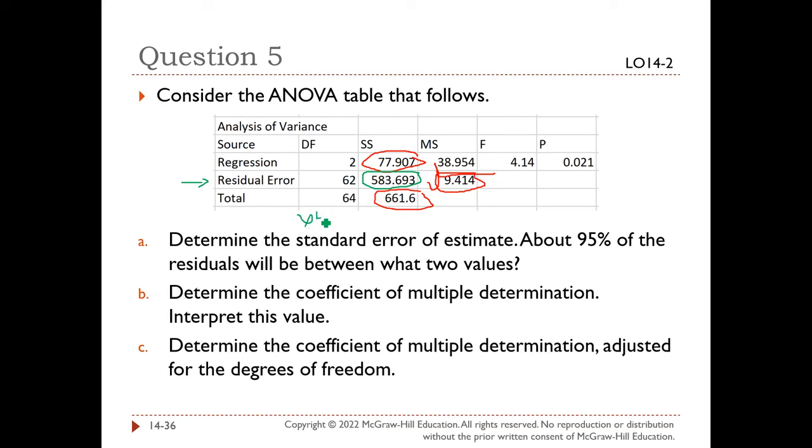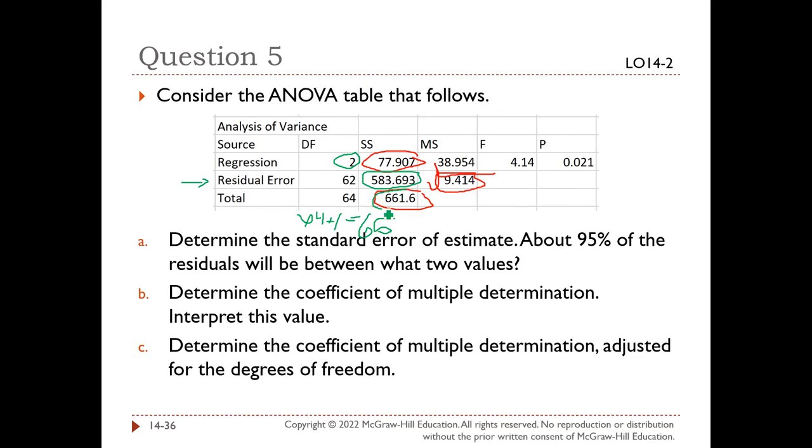divided by N minus the number of predictors plus 1, where N, since this is a sample, is 65. So 64 plus 1 will equal 65. Yeah, fun sample size. So N minus 2 plus 1 is our numerator, divided by our total.